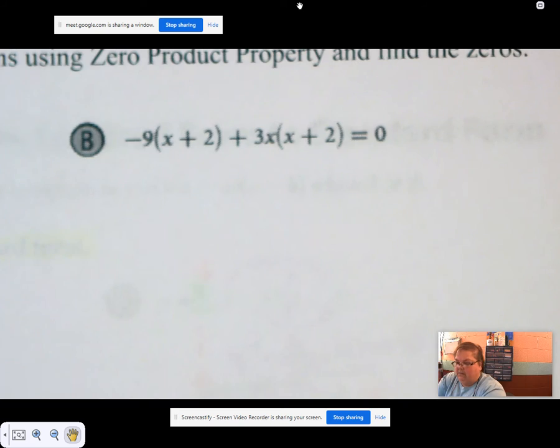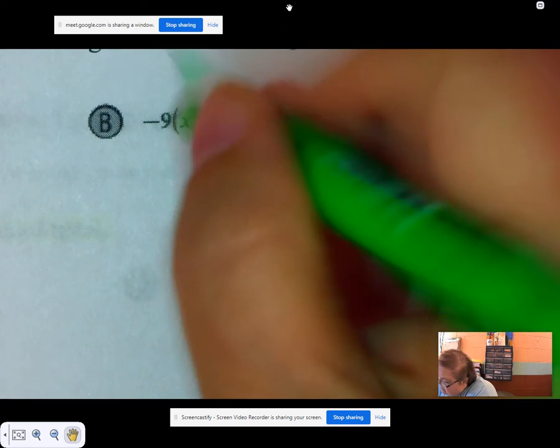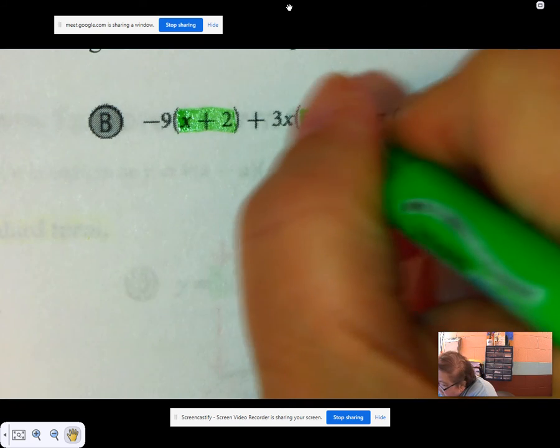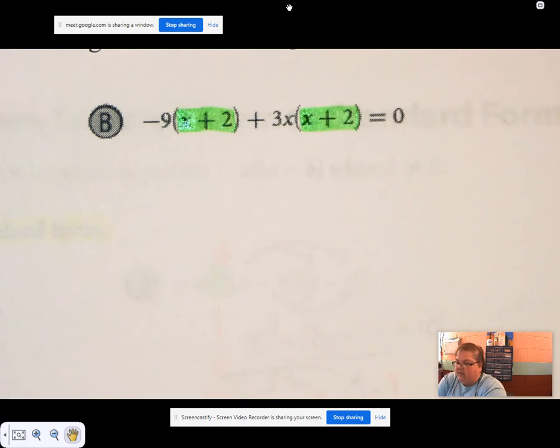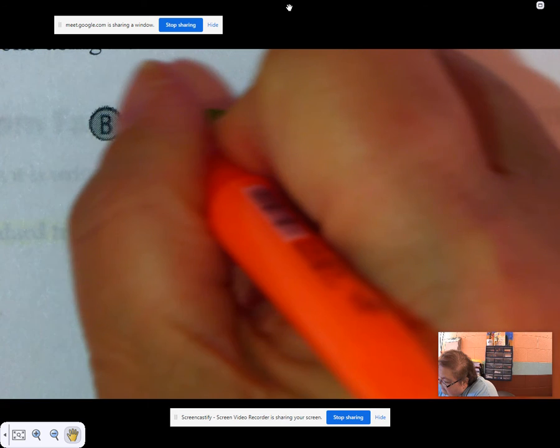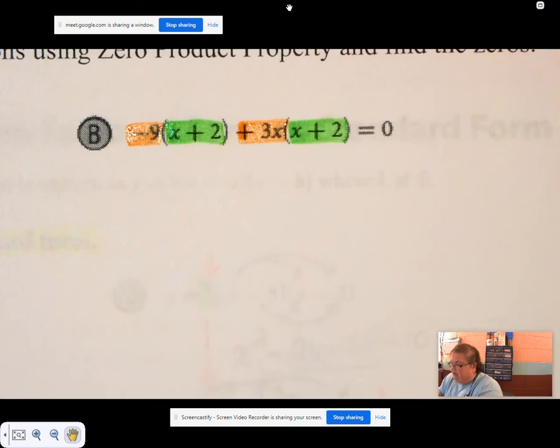All right, so let's go over here and let's try that shortcut method. Here we go. First of all, here are my binomials that are exactly the same. They only get written once because there's only one zero or intercept in that. I got -9, and I got plus 3x.